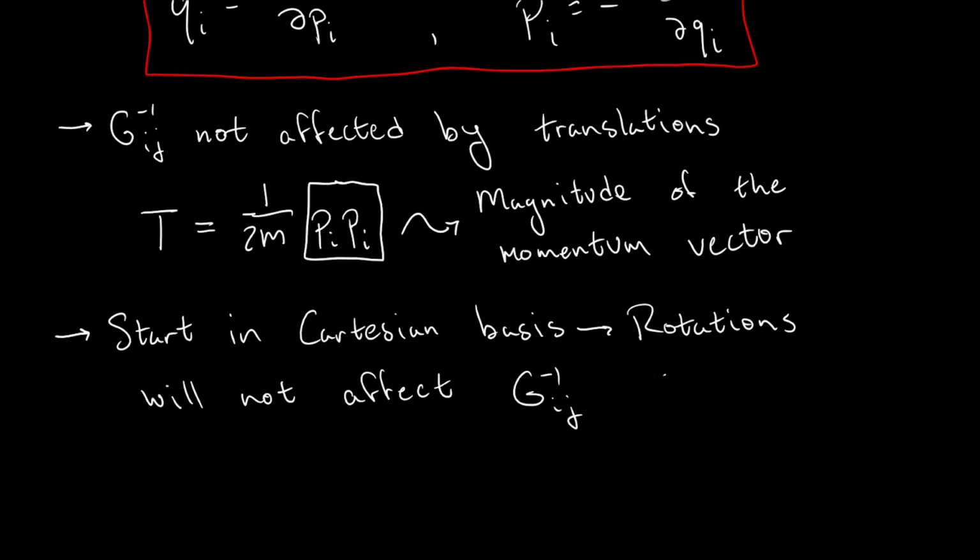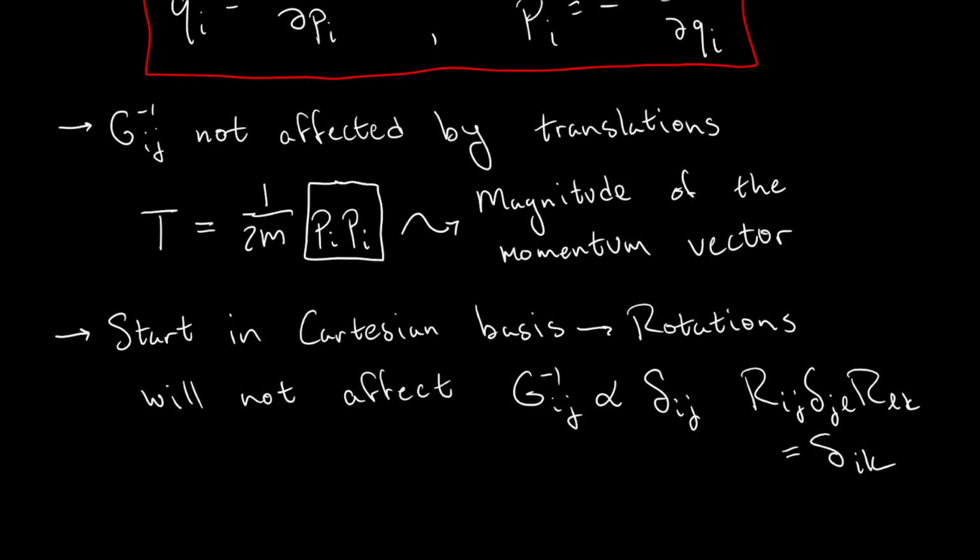Another way of seeing it is just seeing that G_ij is going to be proportional to the Kronecker delta. And if I have rotations, so something like this, delta_jl R_lk, this is again just equal to the Kronecker delta.